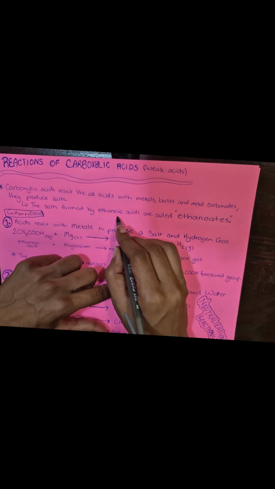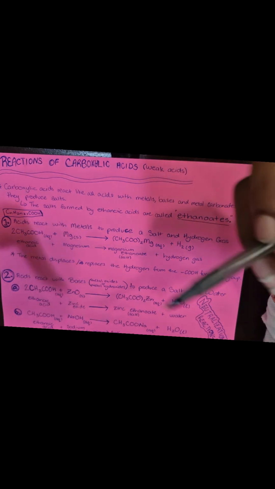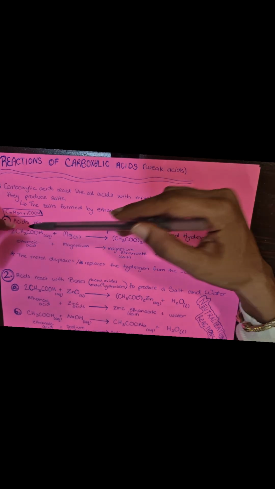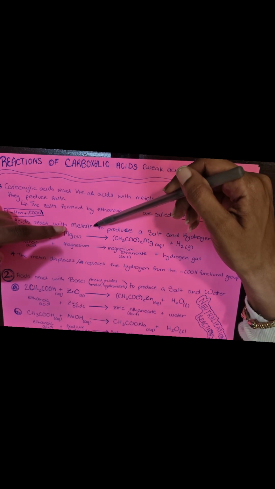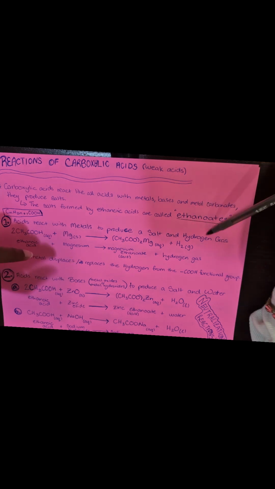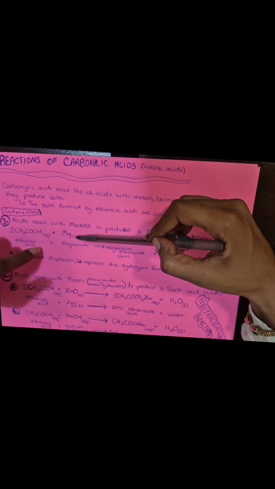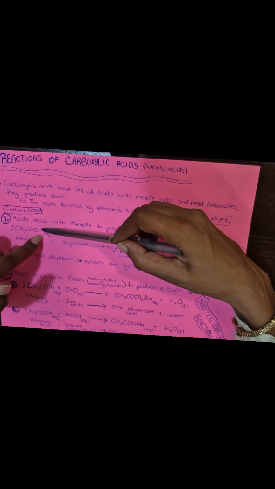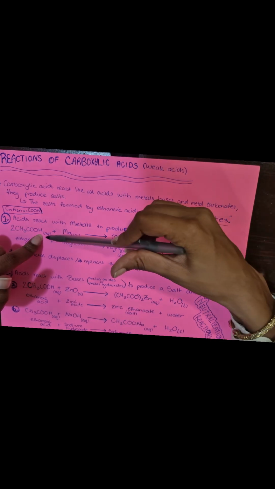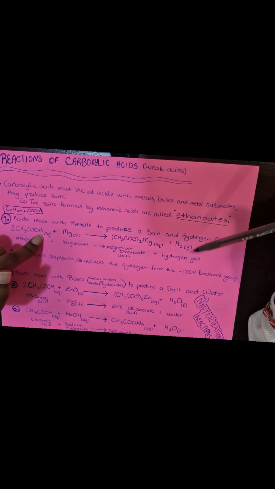So the salt of ethanoic acids is ethanoates. So when a carboxylic acid reacts, it's going to make an ethanoate, a salt, because it's an acid and it's going to make a salt. The salt of ethanoic acid is ethanoates. When acids react with metals, you produce a salt and hydrogen gas, because the metal is just taking the place of the hydrogen, kicking out the hydrogen, and so you get the metal and hydrogen gas.